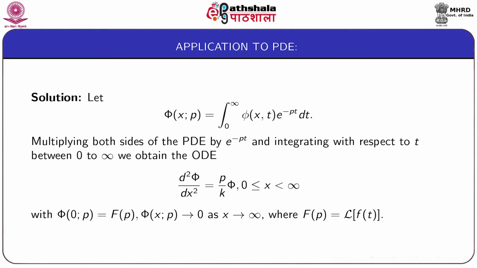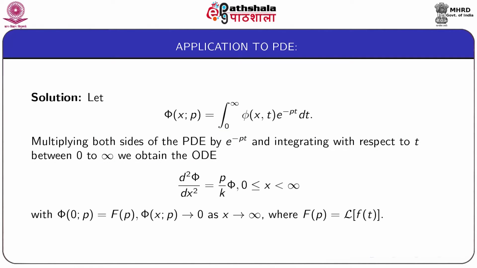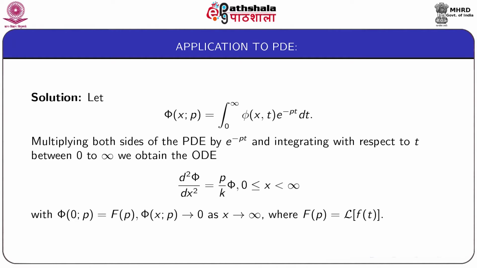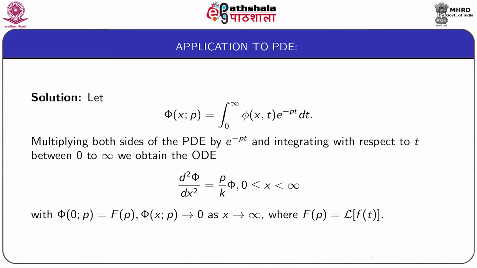We multiply both sides of the given partial differential equation by e^(-pt) and integrate with respect to t between 0 to infinity, and we use the initial condition to obtain the ordinary differential equation in Φ, which is given by d²Φ/dx² equal to p/k Φ, x lying in the interval 0 to infinity.